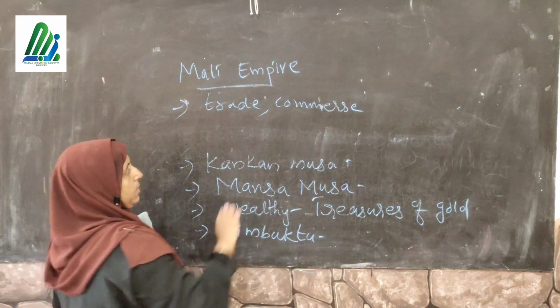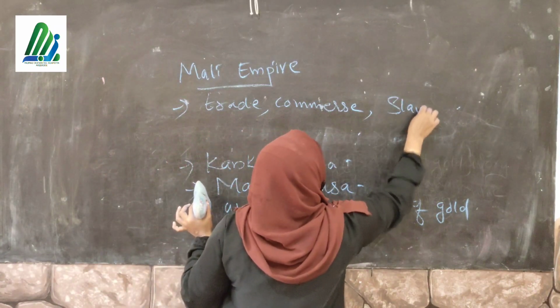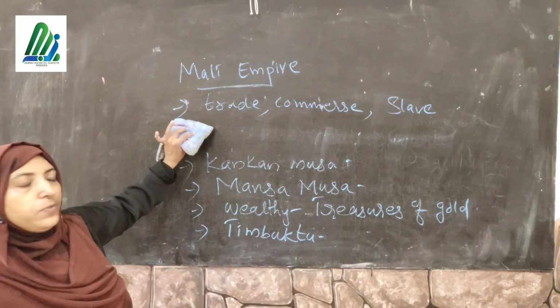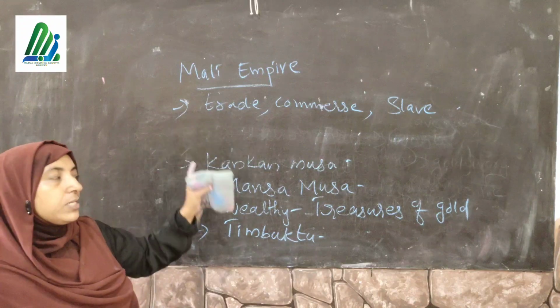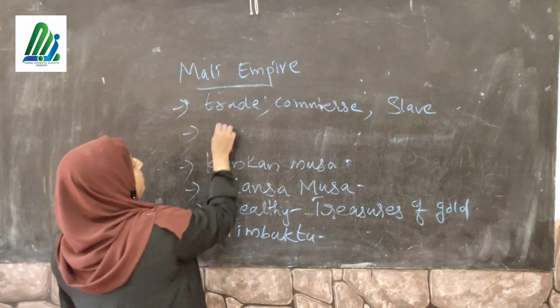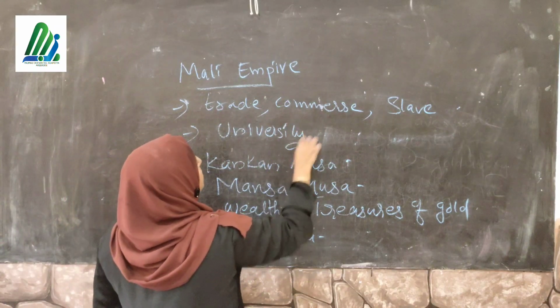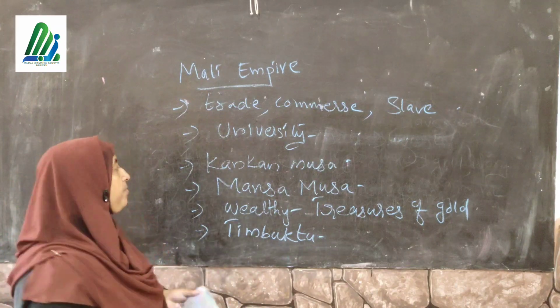Timbuktu was a very famous center for trade and commerce. It was also very famous for slave trade. Then another one, there was a famous university, so we can say it was a famous center for education also.